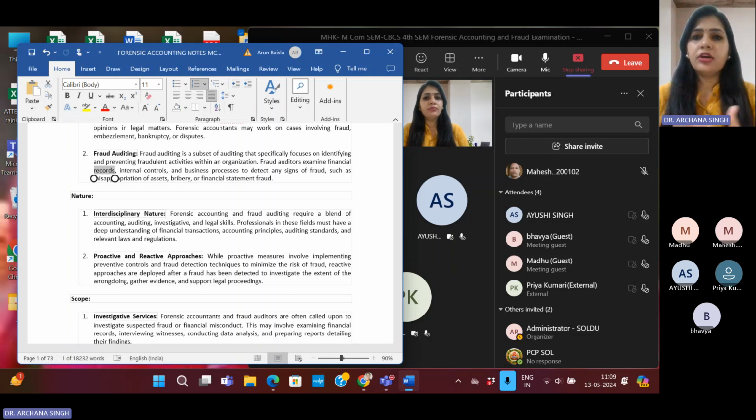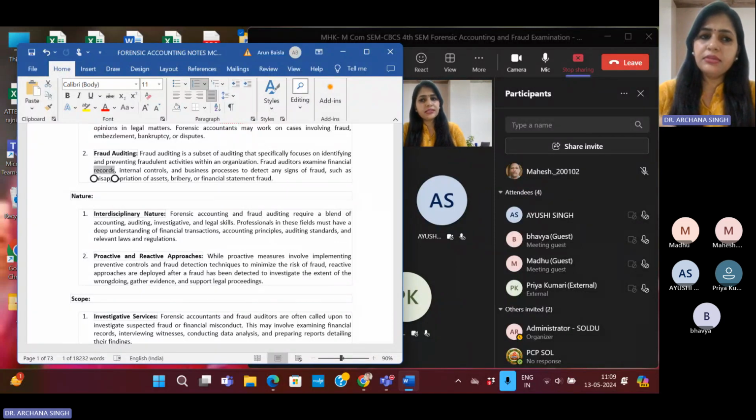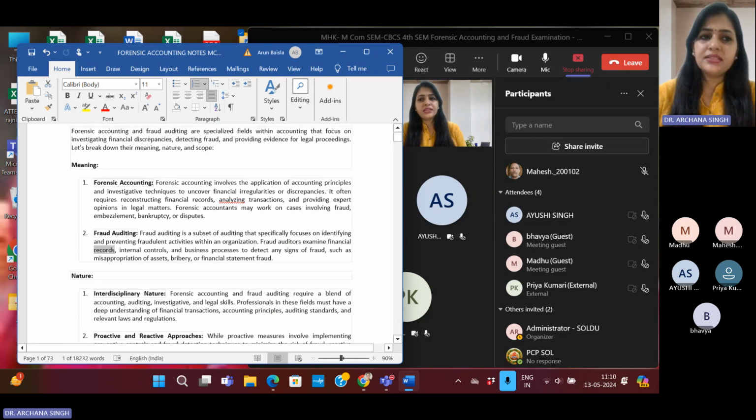So fraud auditors have to examine the financial records, internal controls, business processes, so that they can detect any signs of fraud, such as misappropriation of assets or bribery or financial statement fraud. This is their duty, to examine the financial records, internal control checks and business processes so that they can identify the fraud. So that is the meaning of fraud auditing.